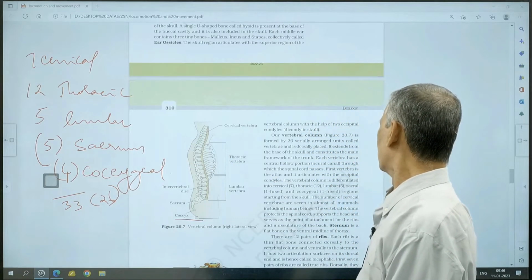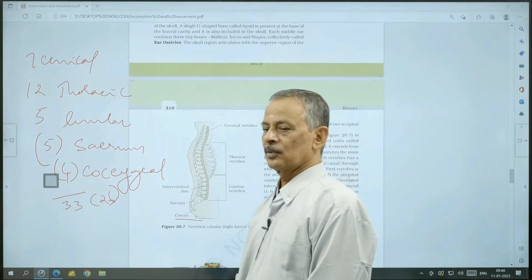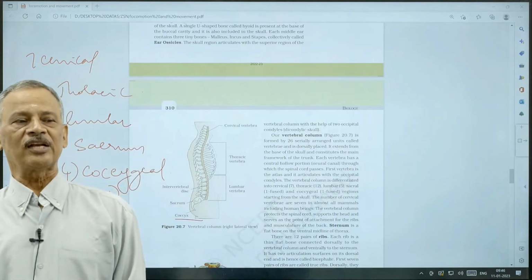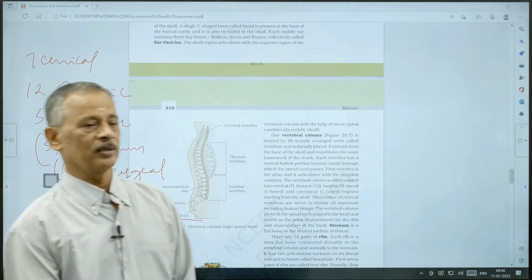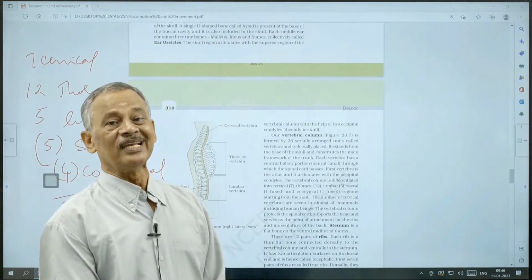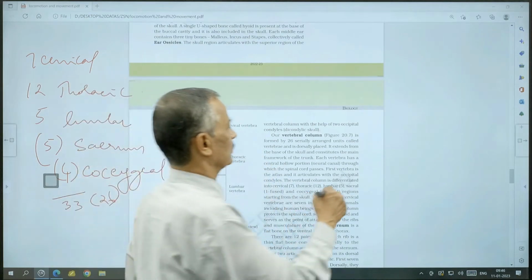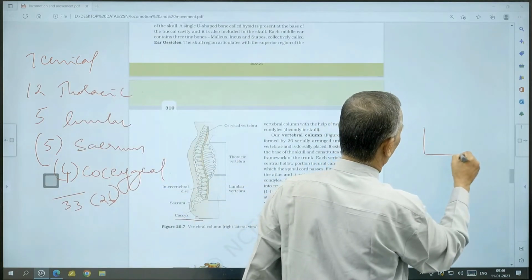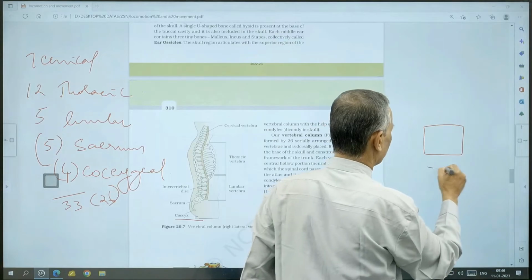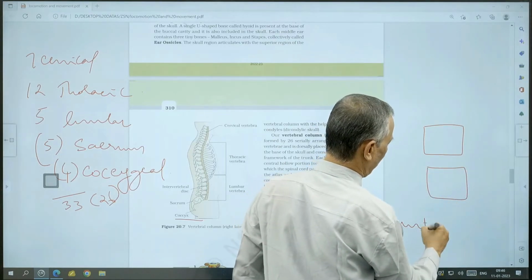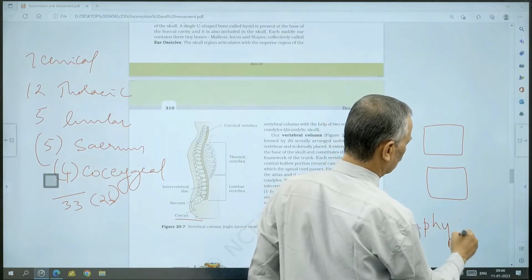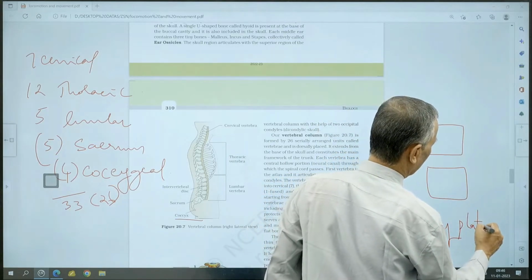Okay. Our vertebra is having the centrum, that is the main part, the solid part of the bone, which is having flat surface. Both anterior and posterior surfaces are flat. That nature is called amphiplatean. Amphi means both. Both surfaces are flat.